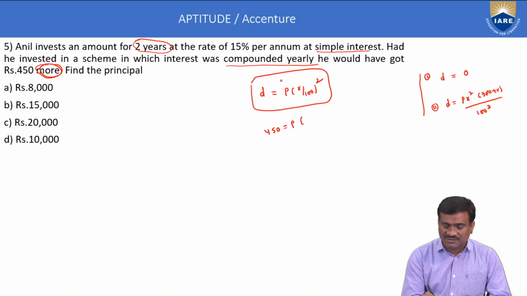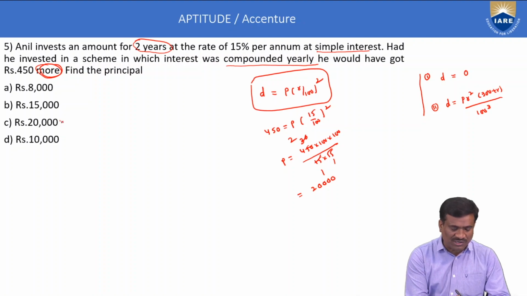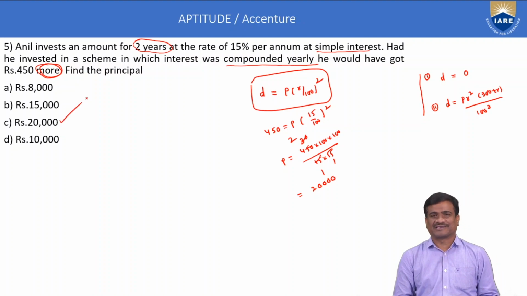Rate of interest 15%, that is 15 by 100 whole square. Then P equals 450 into 100 into 100 divided by 15 into 15, which gives 20,000. The principal amount is 20,000. Option C only is correct. Important application.